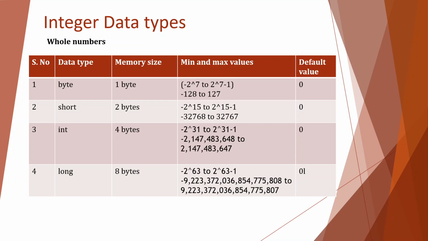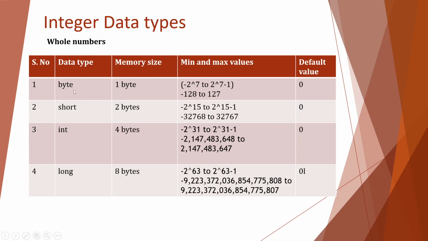We can store any positive or negative numbers without any decimals. Those are called integer data types. If you refer, there are four kinds of integer data types here: byte, short, int, and long, and this is the memory size for each of these data types.